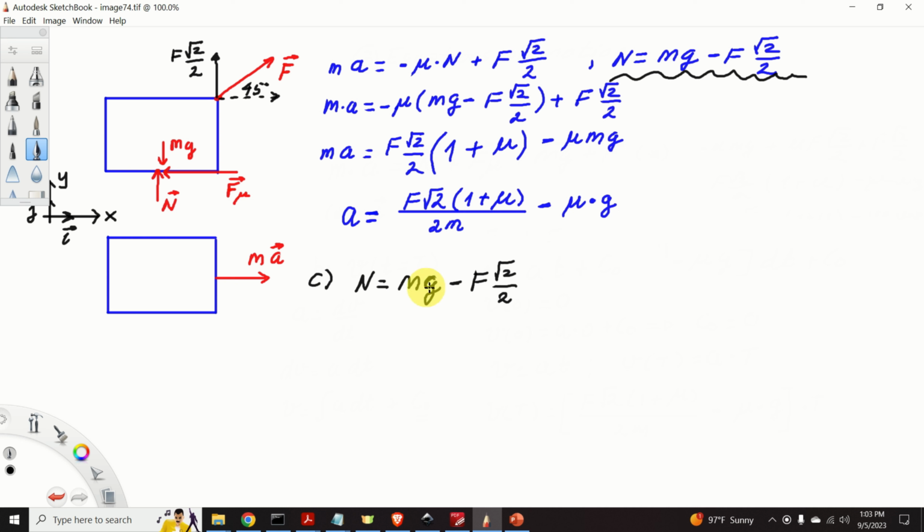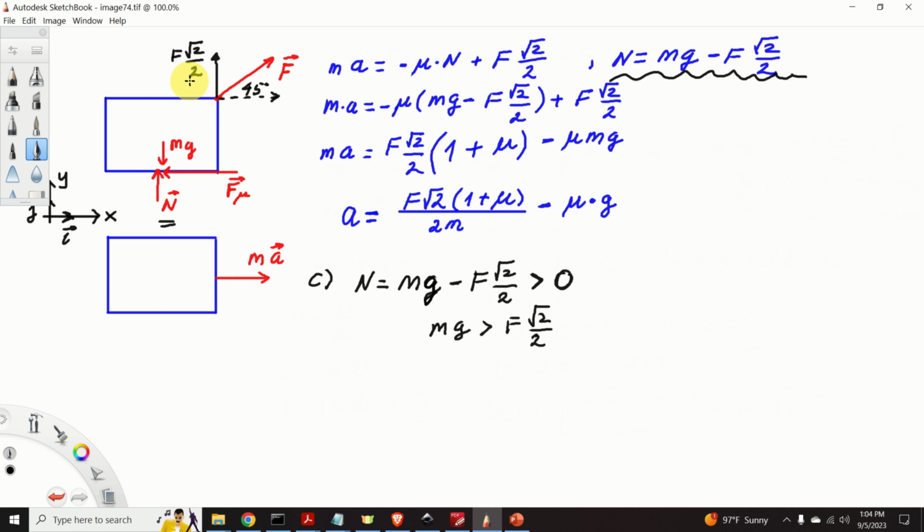If basically this term is always larger than 0, there is the reaction force. This means that mg is larger than F square root of 2 over 2. That is, mg is larger than the vertical component of the force F.